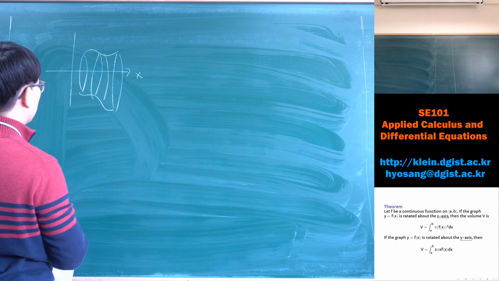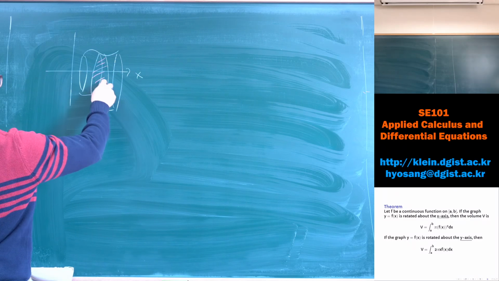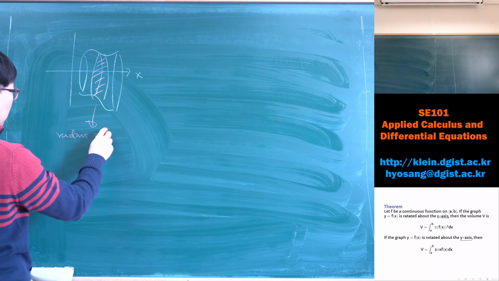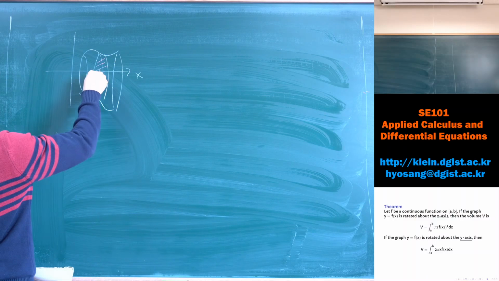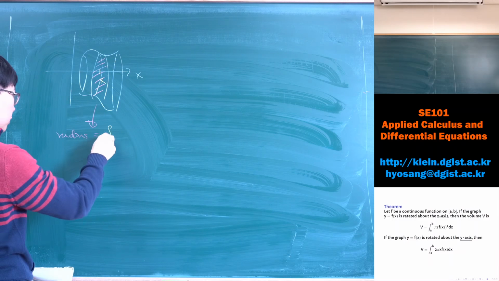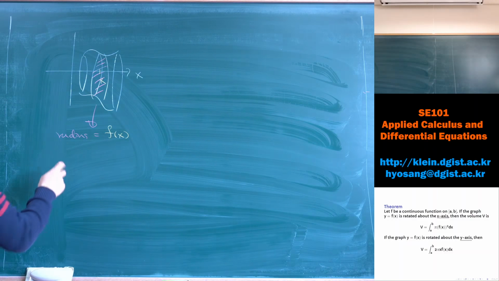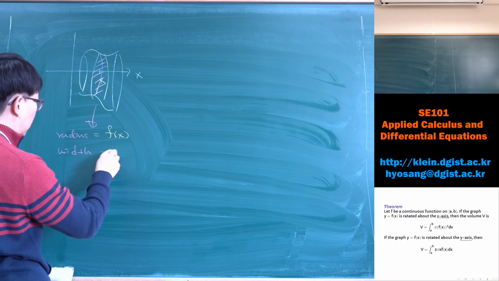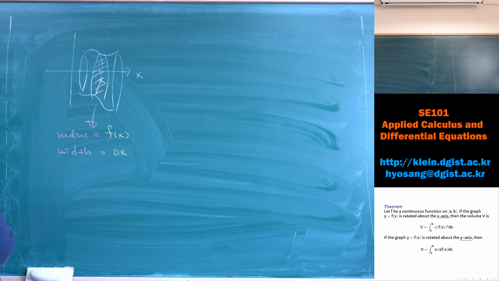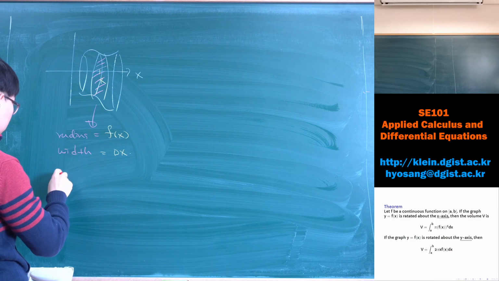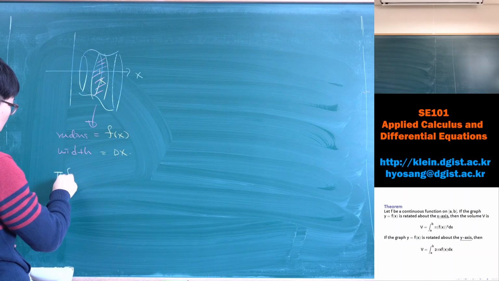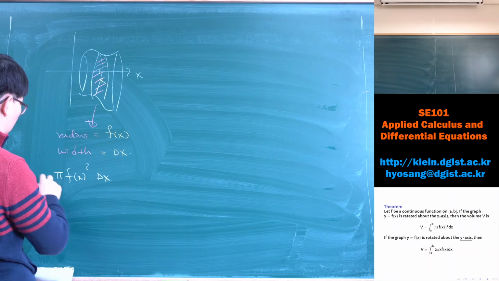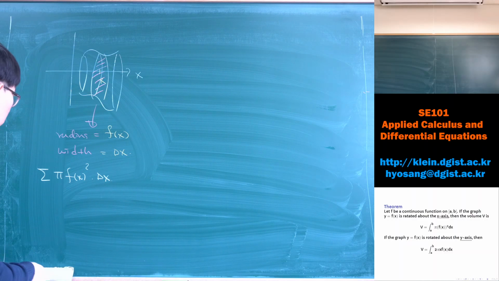So slices now has radius equals to, so if the slice is at x, then the radius is f of x, and the width is equal to delta x, and the volume of each slice is pi r square, which is pi f square, and the width is delta x, and you're going to take all the sums of this volume.